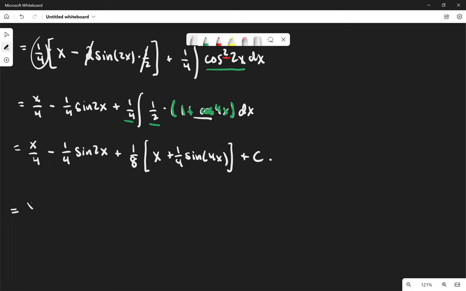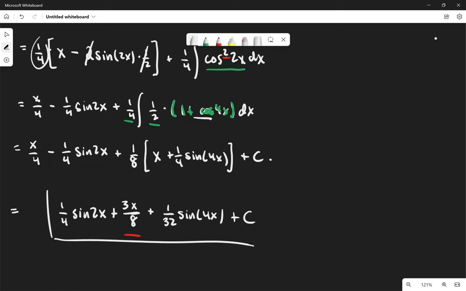That's it. It's x over 4 minus a quarter sine 2x plus x over 8 plus 1 over 32 sine of 4x plus c. And I guess if you wanted to, you can combine these. A quarter x plus an eighth x will be 3/8 x. And there's your answer.